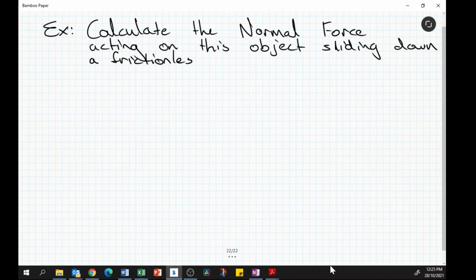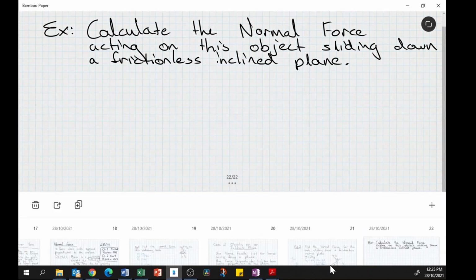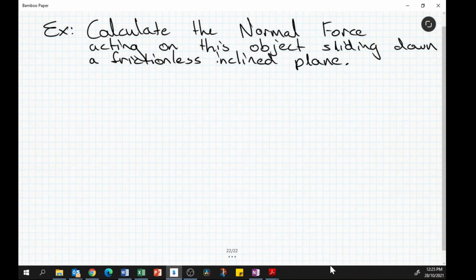Just to mess with yous, I'm going to make it backwards. Just to force you to actually think about this rather than just copy exactly what I did. Which way did the plane go last time? That way. So this time, mass 3.1 kilograms.